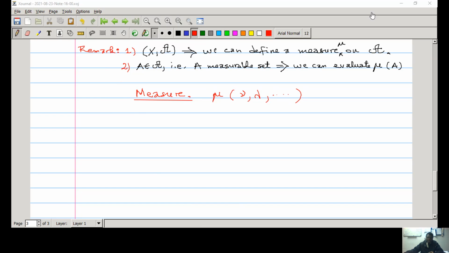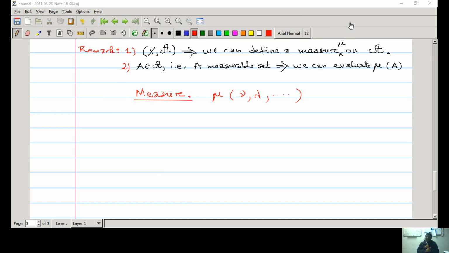The definition of the measure. As I said, it's a mapping from the set of measurable sets, that is your sigma algebra A, into R plus bar. R plus bar is from 0 to infinity included, so inclusive of 0 and infinity. That has the following properties.